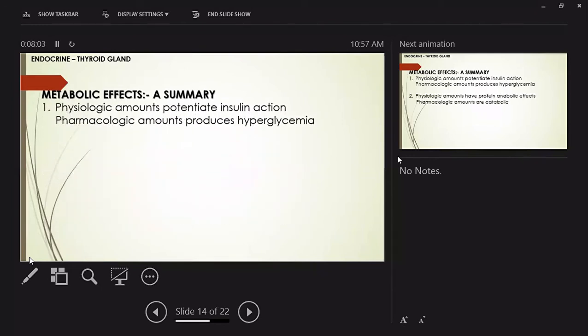Physiologic amounts potentiate insulin action, but when you say pharmacologic amounts, it is more than, high levels of the hormone. Pharmacologic amounts produce hyperglycemia.